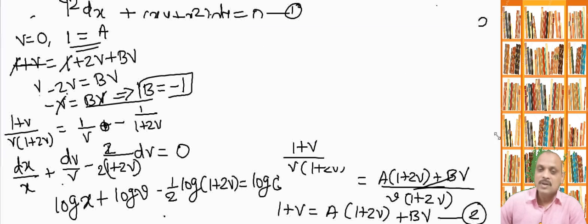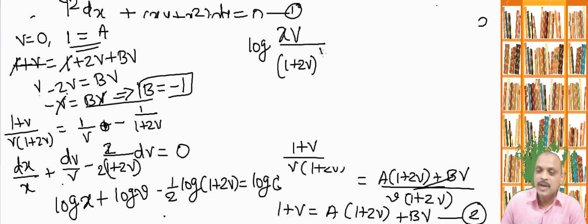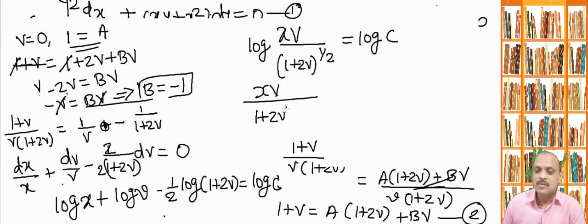So for the first two we write log of a into b, and this term will be in the division. Here you can see this is log of x into v divided by 1 plus 2v whole raised to 1 by 2, equal to log c. The logs get cancelled, and we get x into v divided by 1 plus 2v raised to 1 by 2 equal to c.